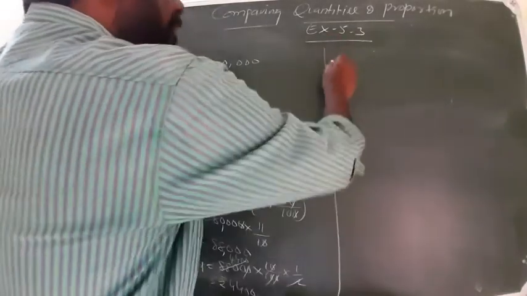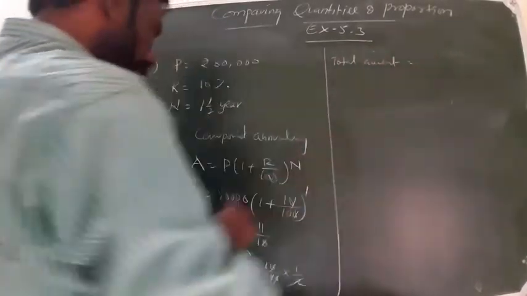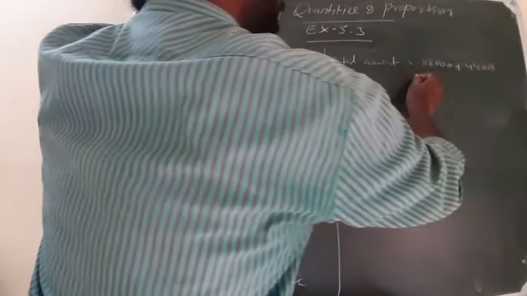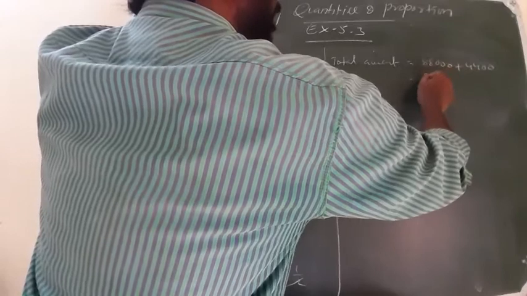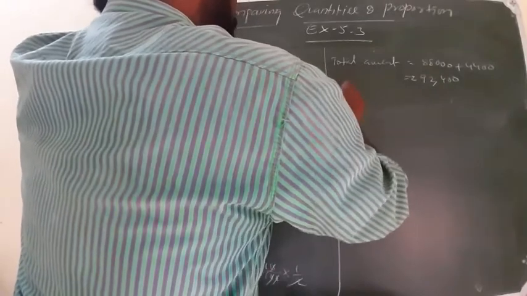So the total amount is 88,000 plus 4,400. Then what will you get? 92,400 rupees. So this is the first one.